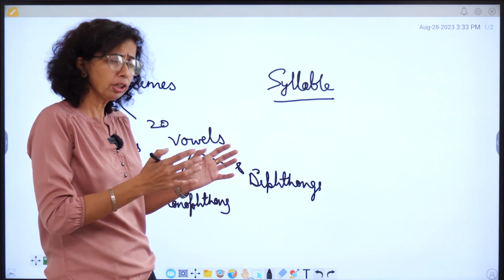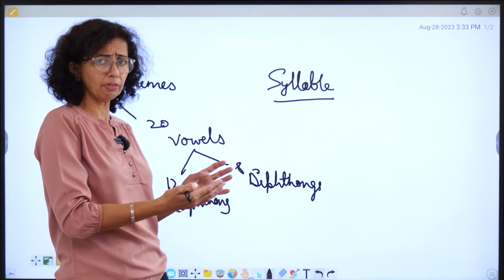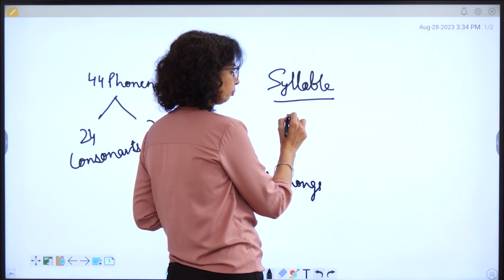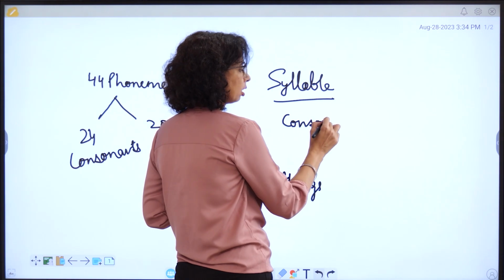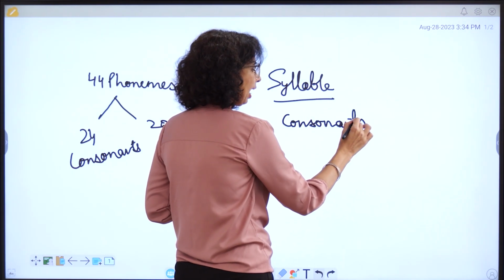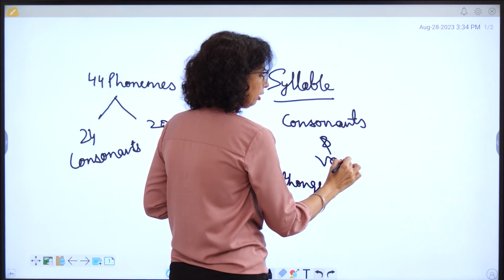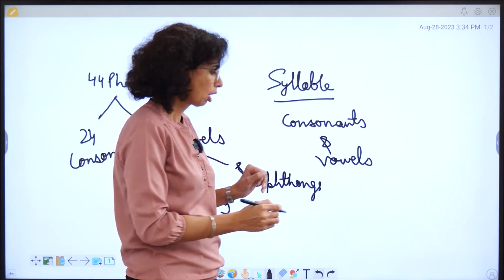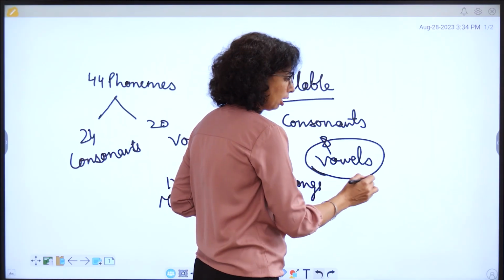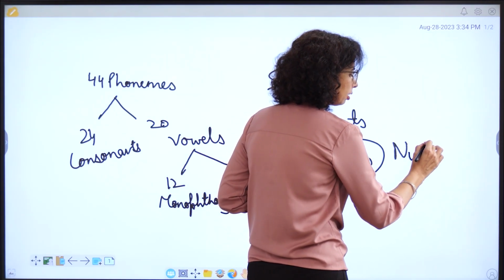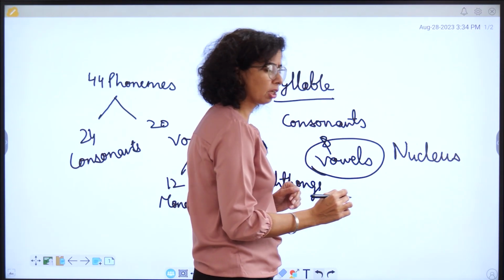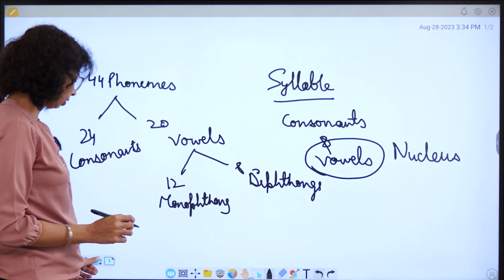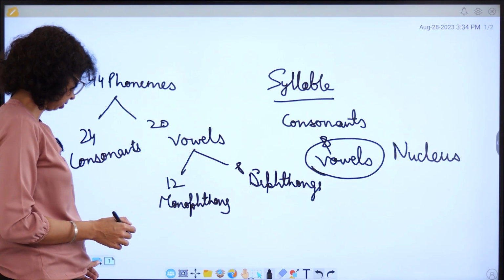Here we are not reaching exactly the level of word, but when we use some consonants and vowels, we reach the next higher unit, syllable, in which the vowel is the nucleus because it is the most important part of it. So let's begin with the topic syllable.